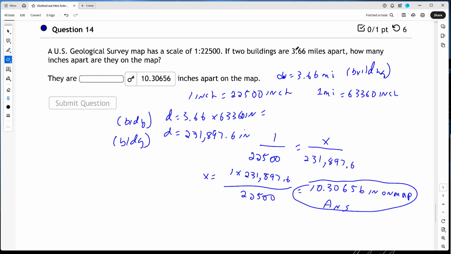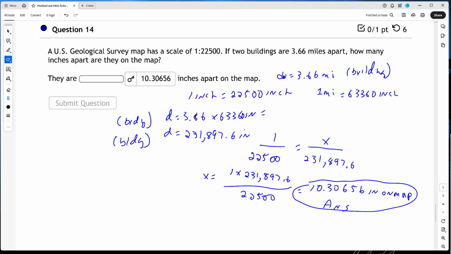So in this case, you see that 1 mile is 63,360 inches. And we have 3.66 miles here. So how far apart are they?